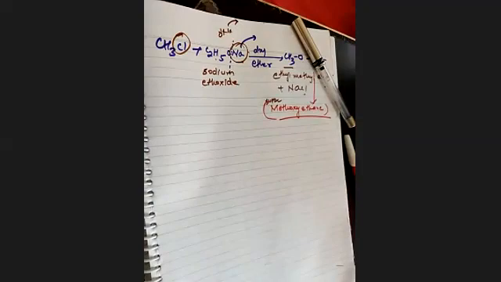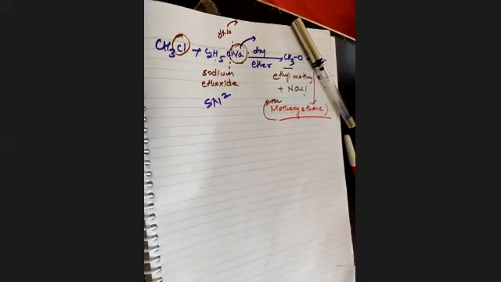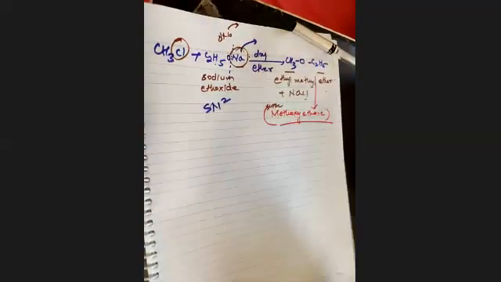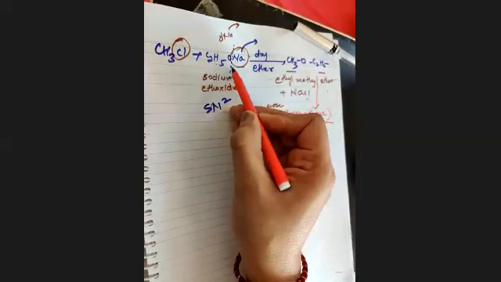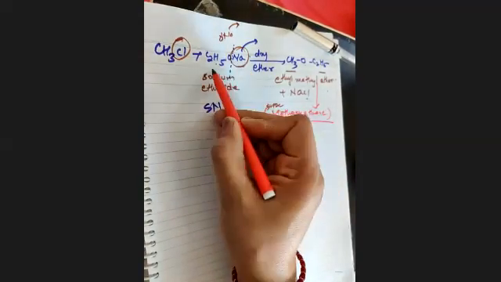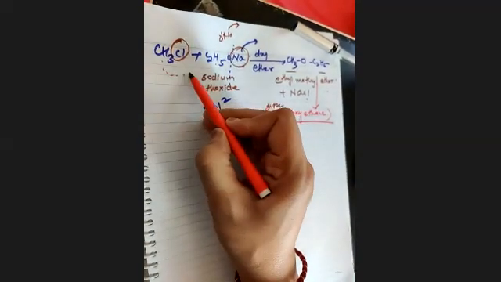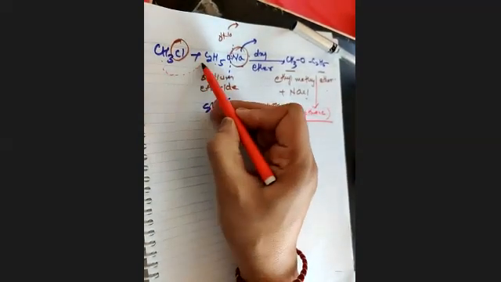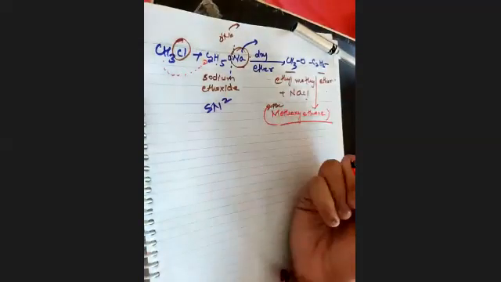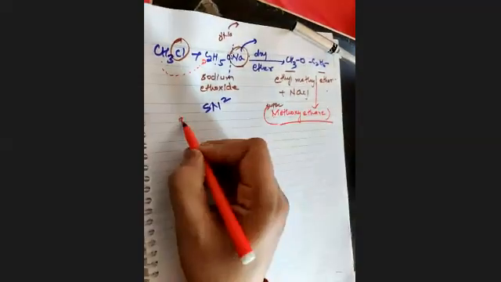And the reaction will be SN2. Why SN2? क्यों है बेटा SN2? As you can see in the compound, खुद से judge करो. See, this is CH3Cl, this is C2H5ONa. As you can see, with this C2H5ONa, the methyl group is attacked from the rear side.